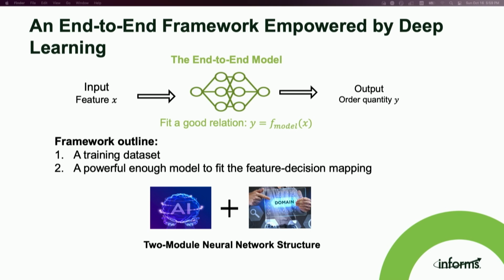Hi, so first of all, thank you for this great presentation. My question is also related to this slide. You mentioned that in order to train this end-to-end model, you ask the neural networks to approximate the optimal solution provided by the oracle.